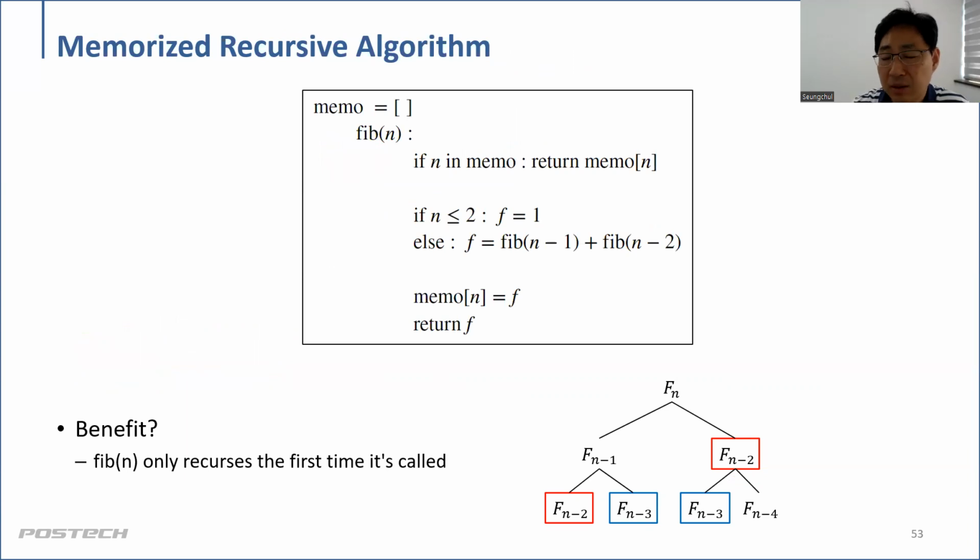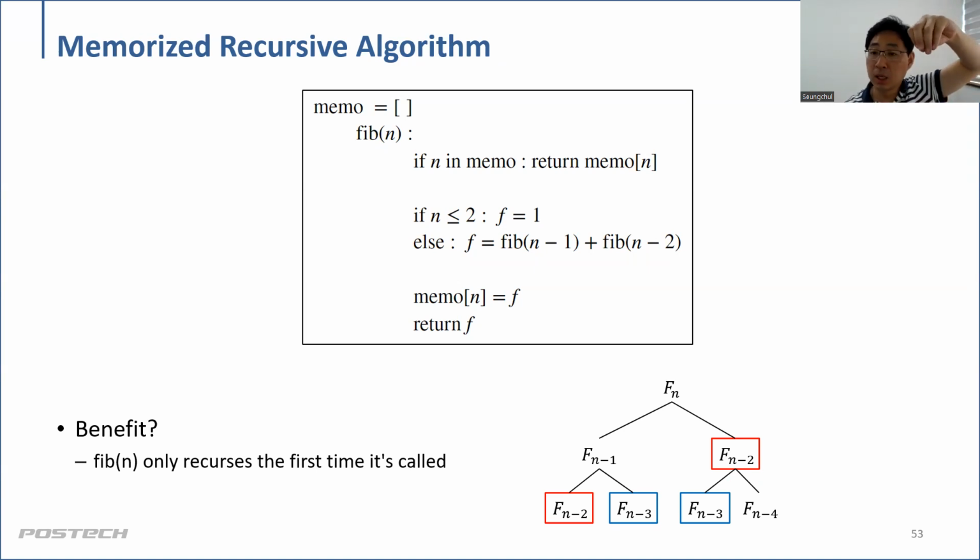So let me suggest a more enhanced, better way. Whenever you do the Fibonacci computations, after you're done, we memorize the value. We remember it. Later on, when a value is asked for, before we do the computation, we see whether it's already computed in our memory.